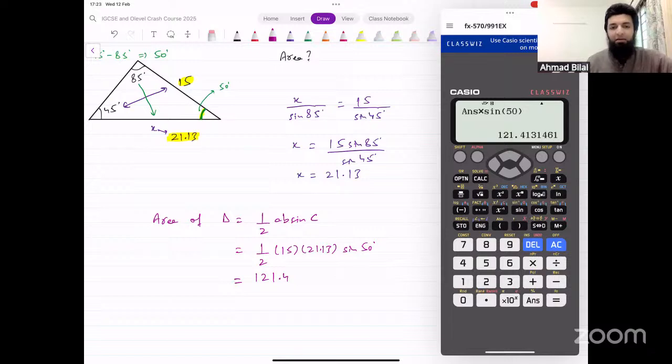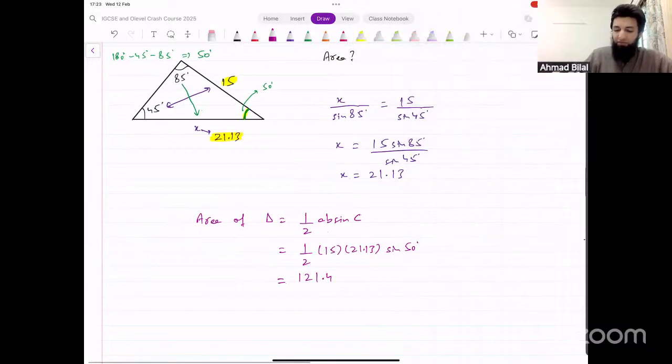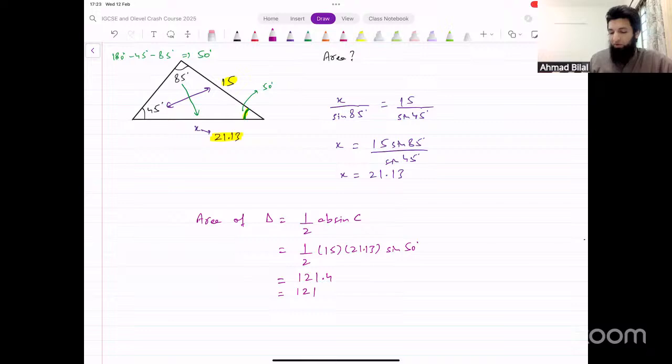That's the area of this triangle. You just have to put this whole thing on your calculator, and that gives you 121.4 when you round it off to one decimal place. You can round it off to three significant figures further, because that's what they generally recommend in the paper. So say this is 121, that's the area of the triangle that we were looking for.